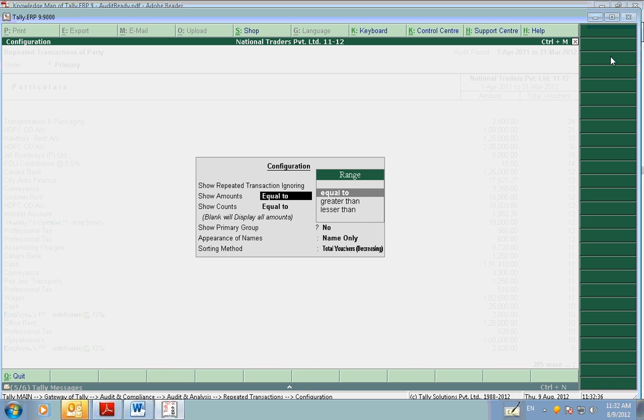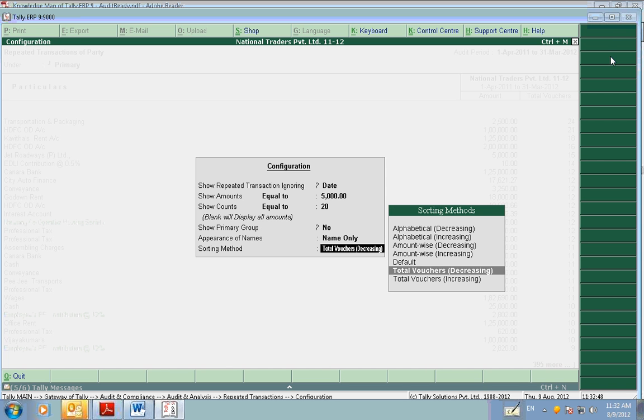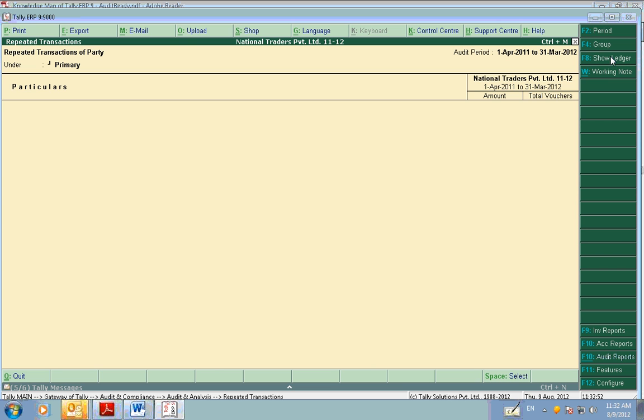Right? So equal to, show counts equal to. All this can be accounted, and here you have total vouchers decreasing, increasing or default entries. Accordingly, you can filter the same. Right? So this is all about your repeated transactions.